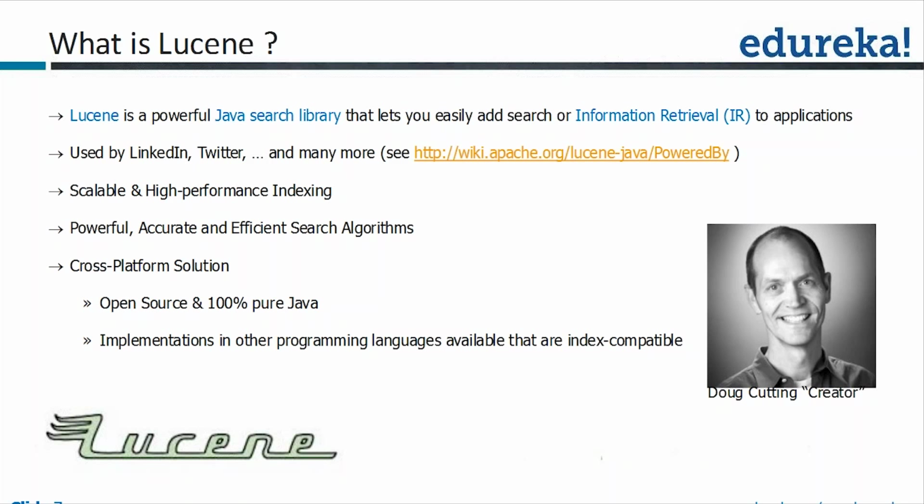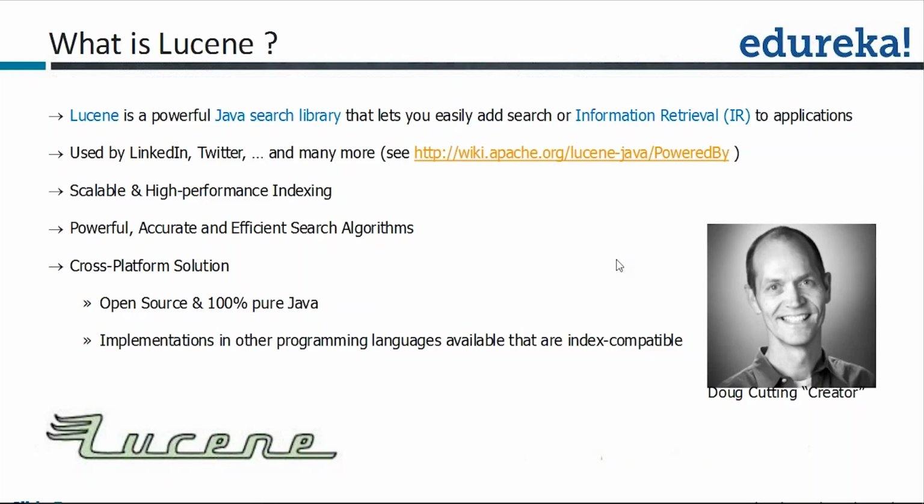Okay, so it gives you scalable and high performant indexing capabilities, and it has very powerful, accurate, and efficient search algorithms, considering that a lot of big giants have already been relying on it. Obviously you can trust the capabilities.